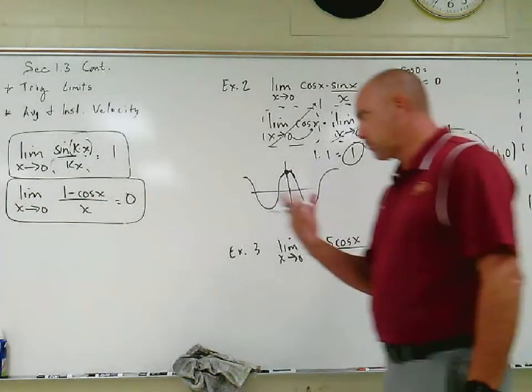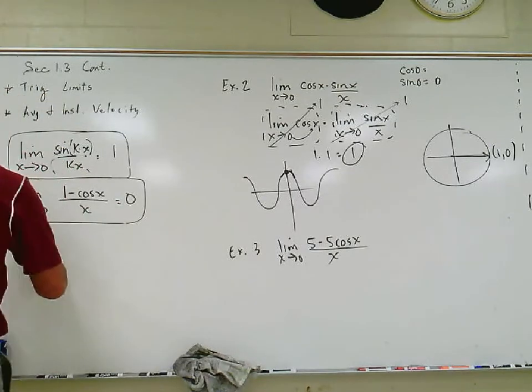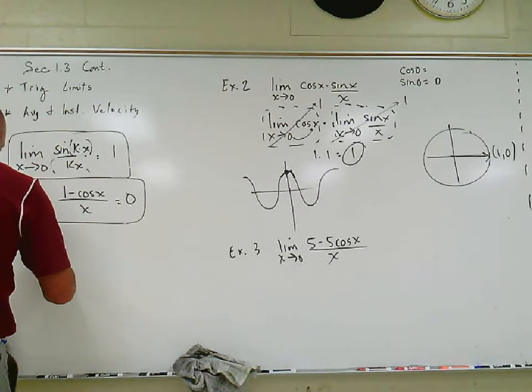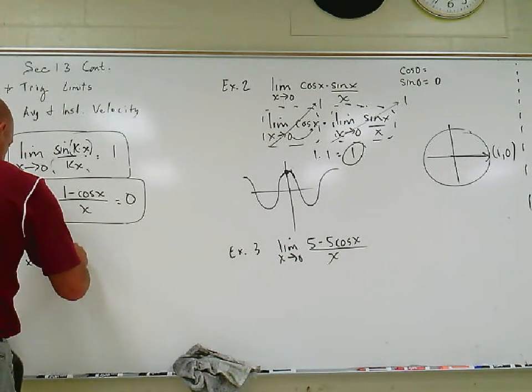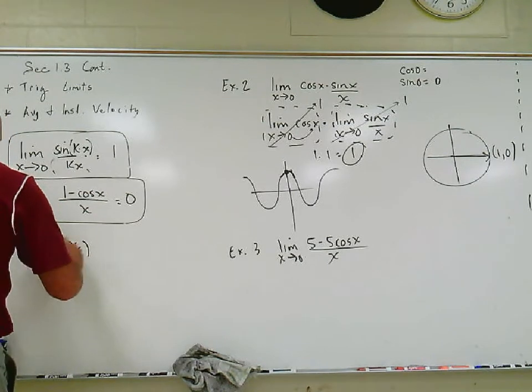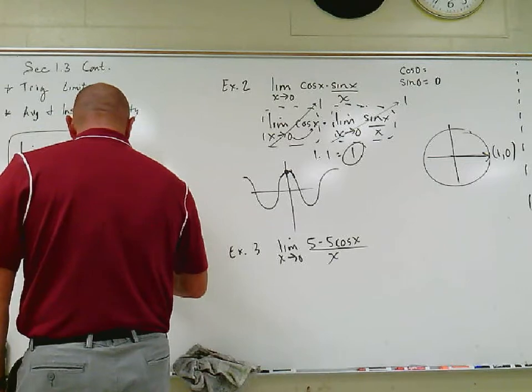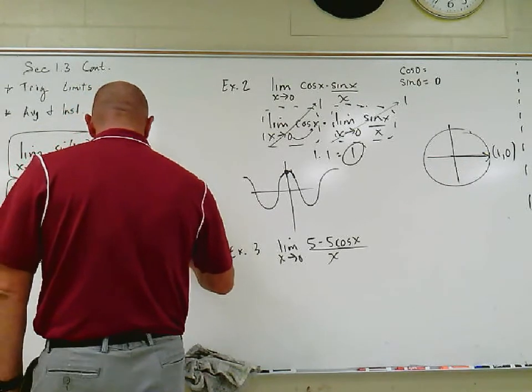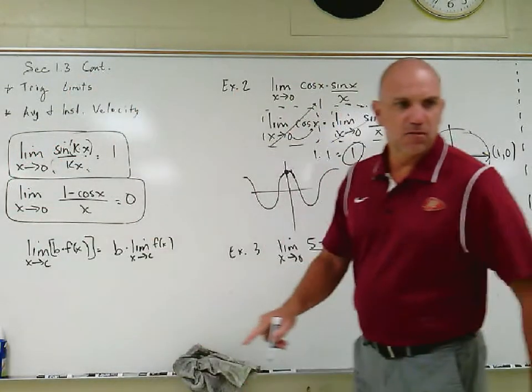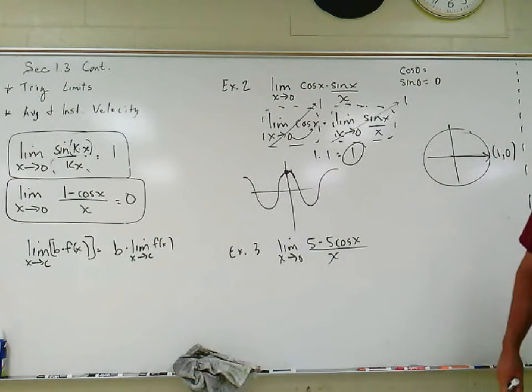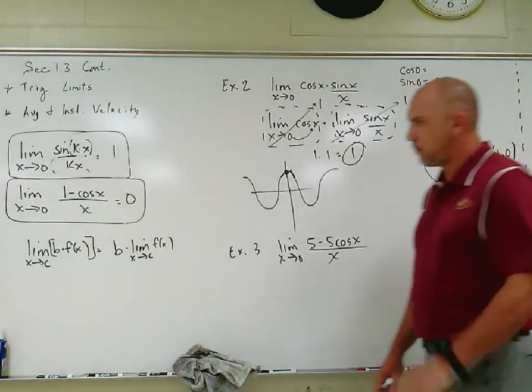So remember, one property we used today was if we have the limit as x approaches c of b times f of x, that can be written as b times the limit as x approaches c of f of x. You can take a constant out of a limit and multiply that by the limit.